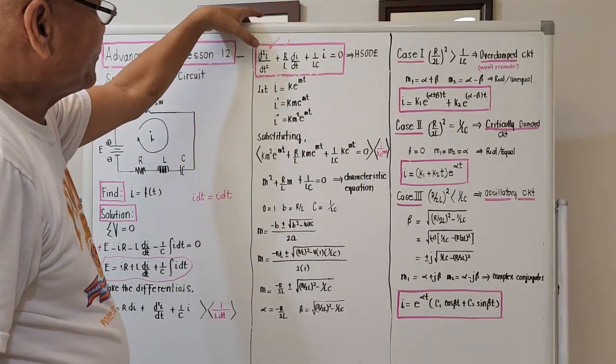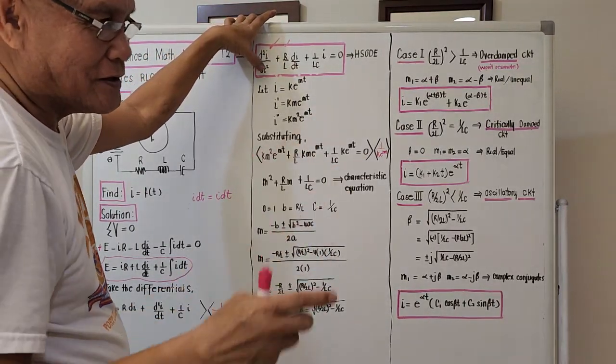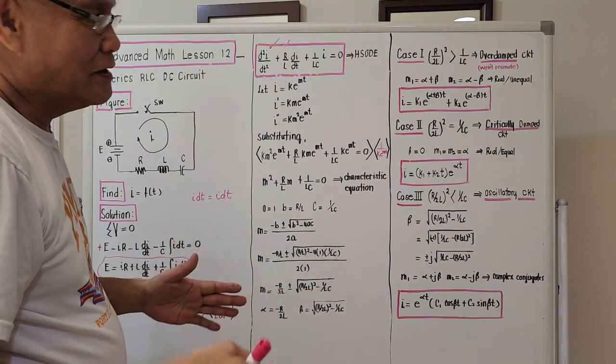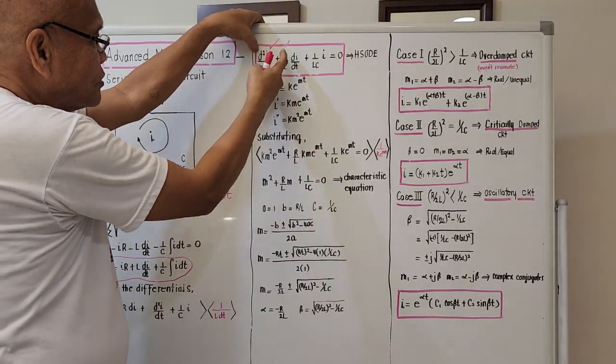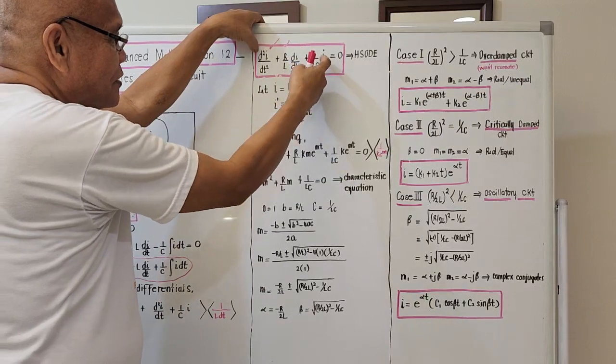For the meantime, compare this I to y and this t to x. Since the involved variables are I and t, it is d square I over dt squared plus R over L times di over dt plus 1 over LC times I equals 0.